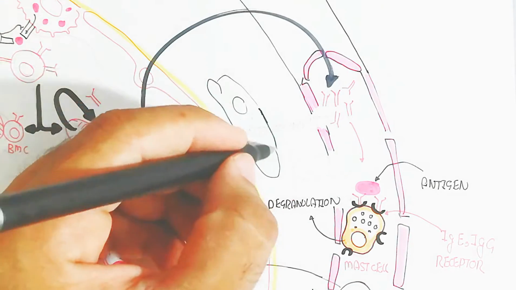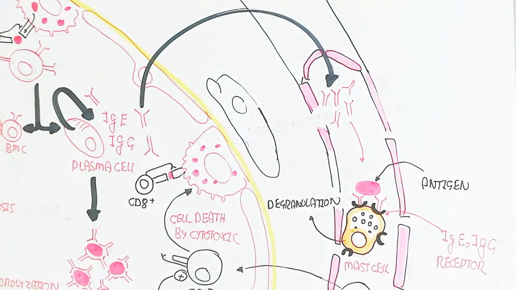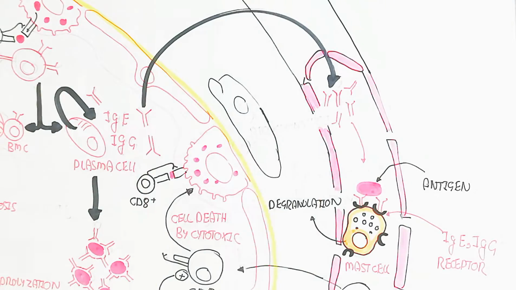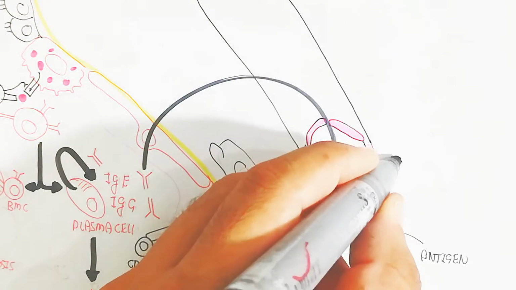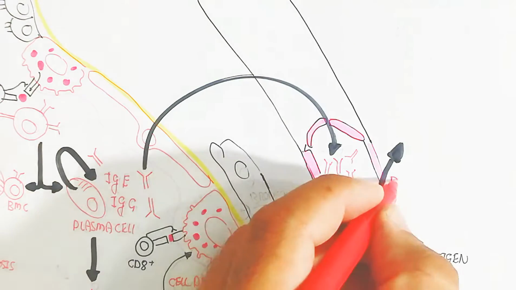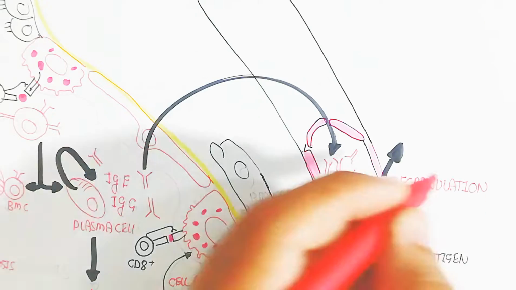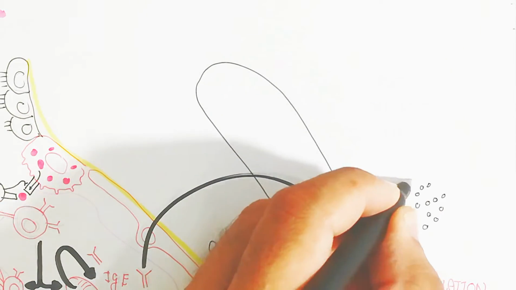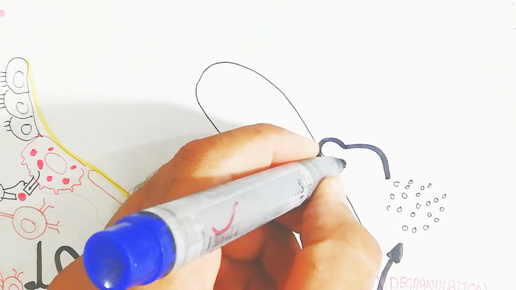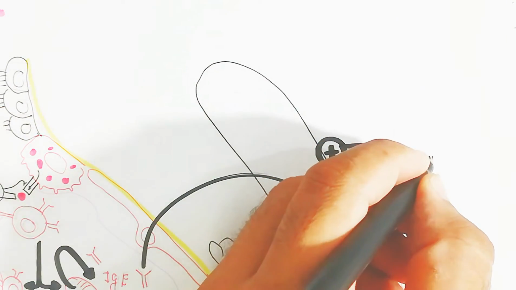This degranulation will basically release the cytokines, and these cytokines lead to the production of histamine.